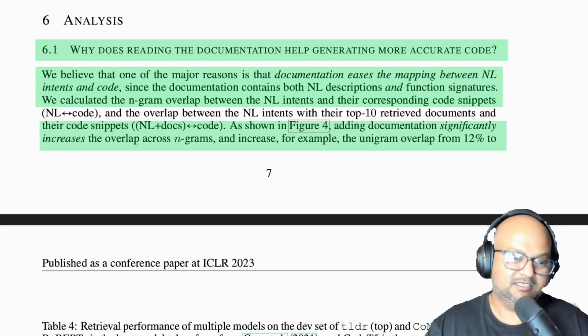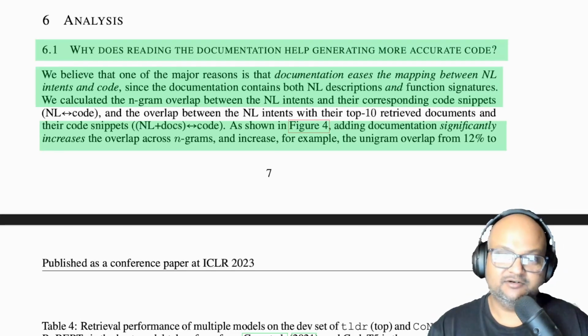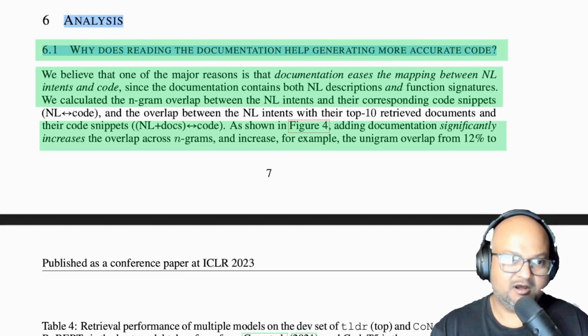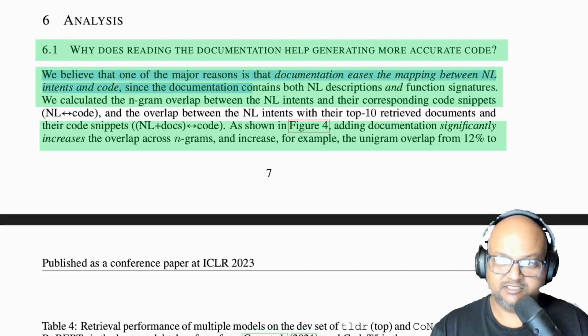Now, beyond just giving the LLM context on things that it has not seen in its training data, the authors are trying to hypothesize about why adding documentation to the prompt improves the suggestions. And what they're saying is that including this documentation gives the LLM a mapping between the natural language intent and code, because the documentation has both prose, natural language descriptions, as well as function signatures and usage examples.